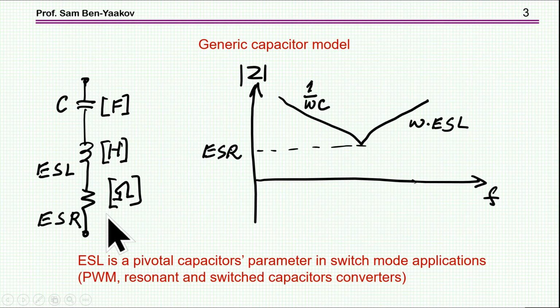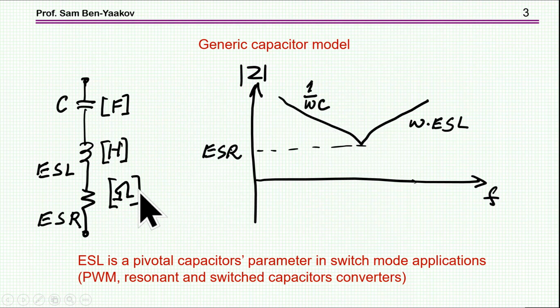these capacitors. The generic model of a capacitor is capacitance, inductance. This is the internal inductance, ESL, and the ESR, which represents the losses. So if I look at the impedance of this capacitor as a function of frequency, and this will be a log-log scale, this is typically what we see. At low frequency, we see a behavior of a capacitance, 1 over omega C, which goes linearly in the log-log scale.